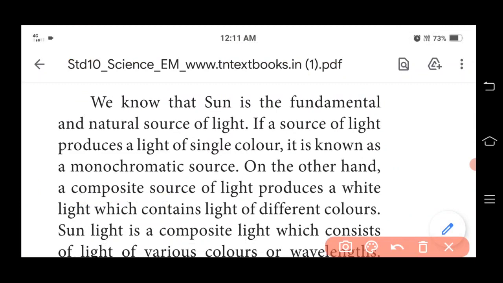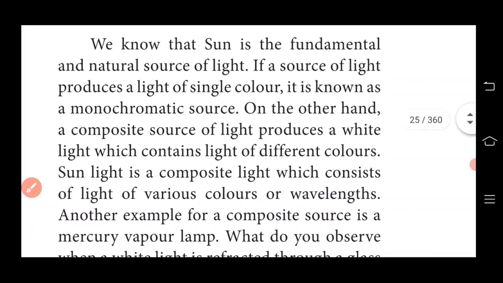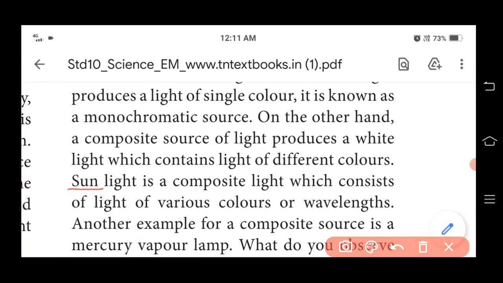A composite source of light produces white light, which contains light of different colors, and is known as a composite source or composite light. Next question, give an example for a natural source of composite light. The answer is sun. Sunlight is the natural source of composite light.